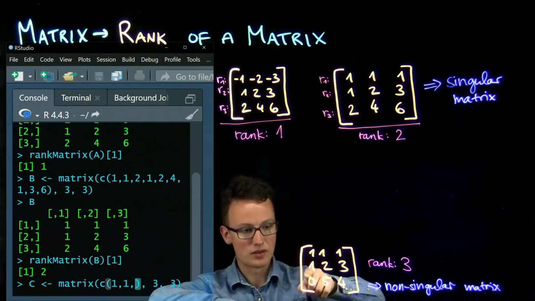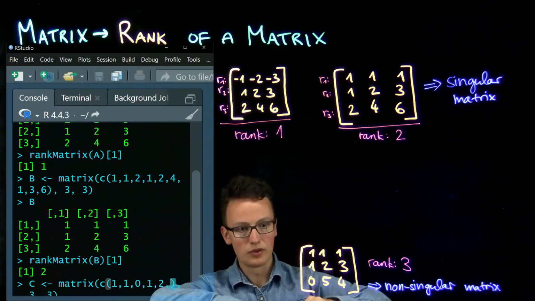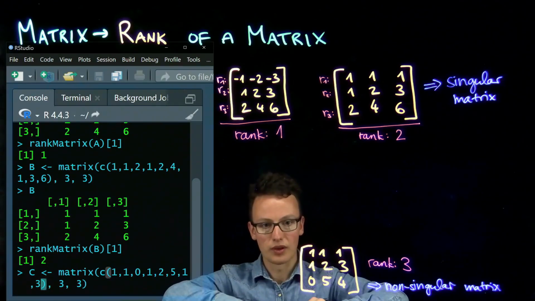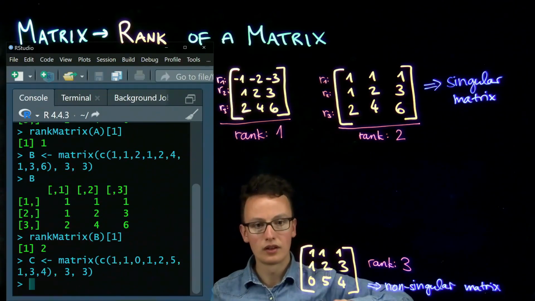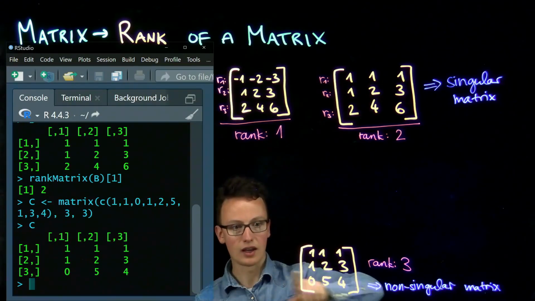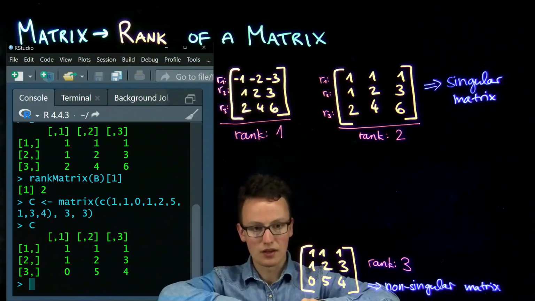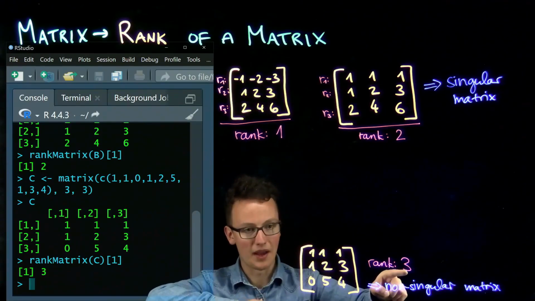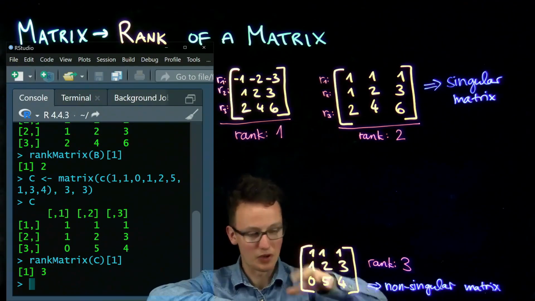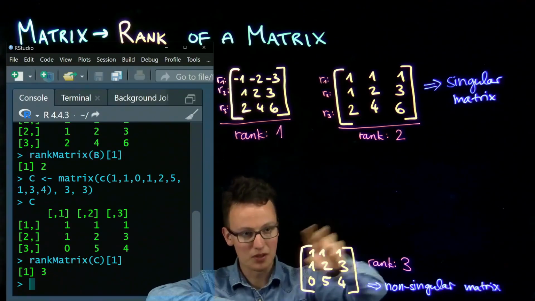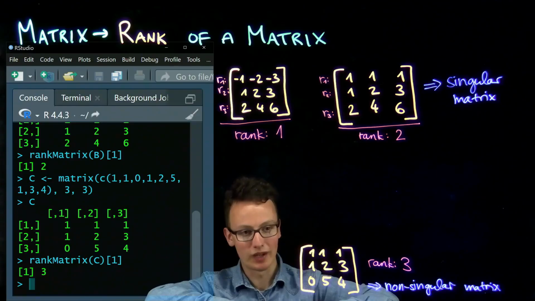So 1, 1, 0, 1, 2, 5, and we also have 1, 3, 4. Sanity check. Yep, that looks very much like our matrix over here. And so if we do rankMatrix of C, we can see indeed that our rank is 3 as expected, because that is a non-singular matrix, meaning it can be inverted. All of its rows together are still linearly independent.